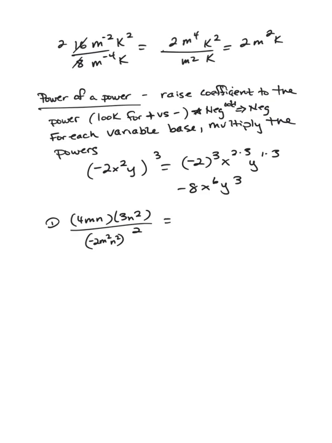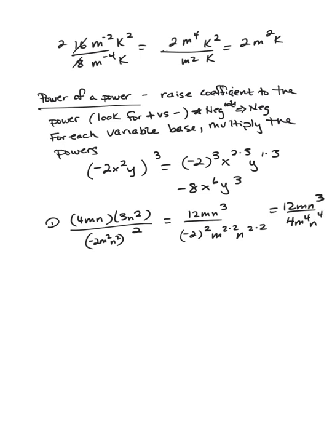Okay, in the numerator, I'm going to get 12m n to the 3rd, multiplied the coefficients, and then I'm doing product of powers in the numerator. In the denominator, power of a power, I get negative 2 squared m to the 2 times 2, n to the 2 times 2.